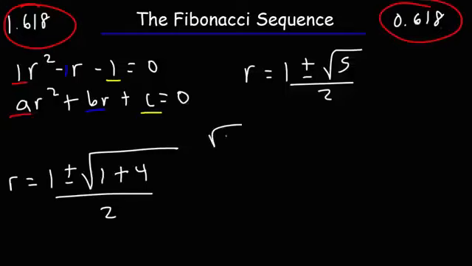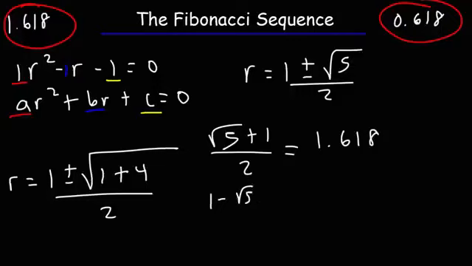So we have 1 plus the square root of 5, divided by 2, which gives us 1.618, and then 1 minus the square root of 5 over 2. That's going to give us a negative number, which is negative 0.618, which we really don't want.